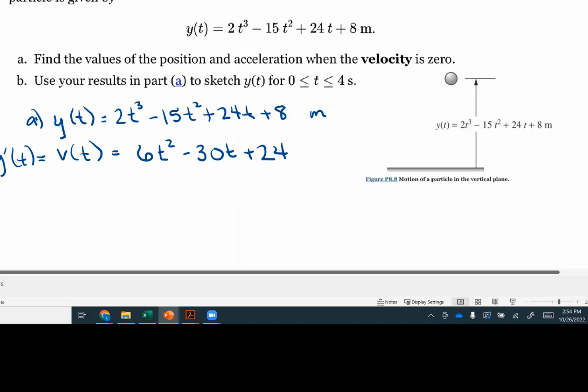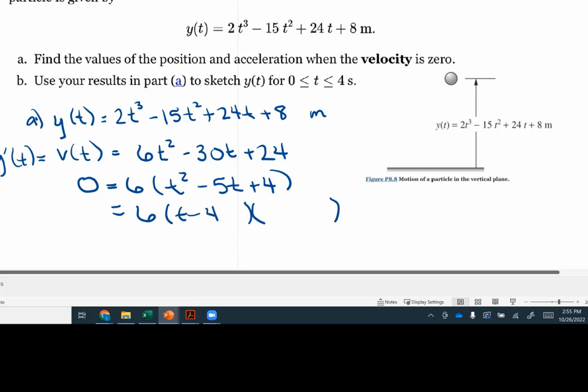That's it. Now I want to find the values of position and acceleration when velocity is 0. Since this is my velocity function, I want to set this equal to 0. I can already see that I can factor out a 6, so I'm going to do that right off the bat. And then I'm going to factor t squared minus 5t plus 4 as t minus 4 times t minus 1.